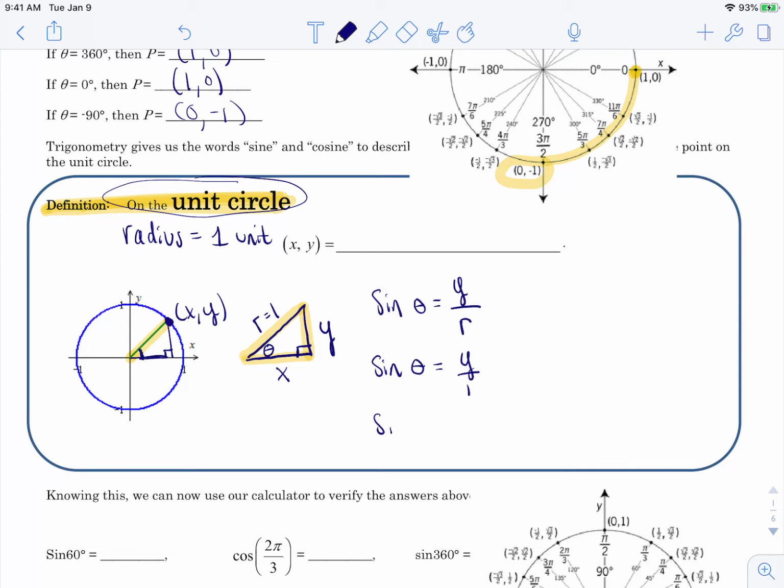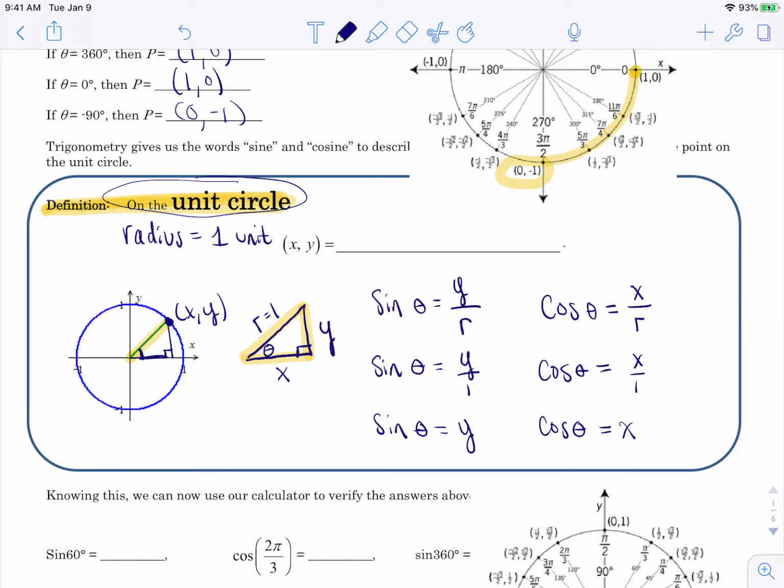So what we get here is sine of theta equals y, because y divided by 1 is just y. Where if I find cosine of theta, that definition is adjacent over hypotenuse. But in this case, my hypotenuse, because I'm guaranteed to be in the unit circle, is 1. So that's why it's just x.